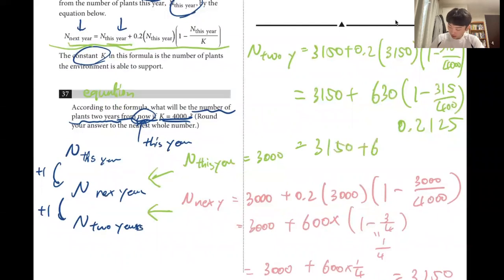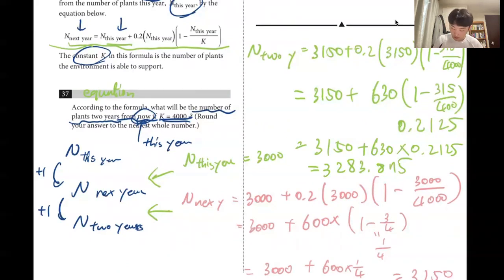So 3,150 plus 630 multiplied by 0.2125 is 3,283.875.